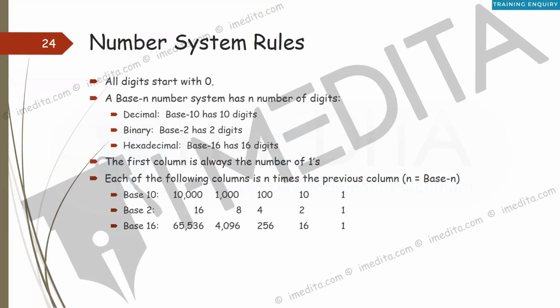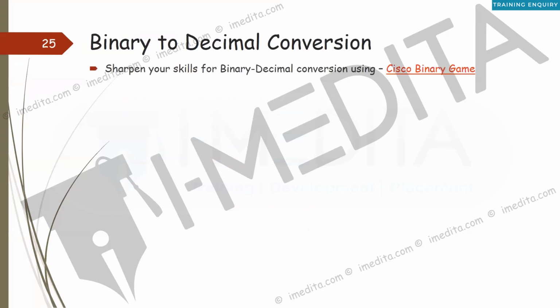So in hexadecimal you do not have only numbers but also alphabets, but in decimal you have only numbers from 0 through 9, and in binary only 0 and 1. Remember that every number system starts with 0. That's something you should always keep in mind.